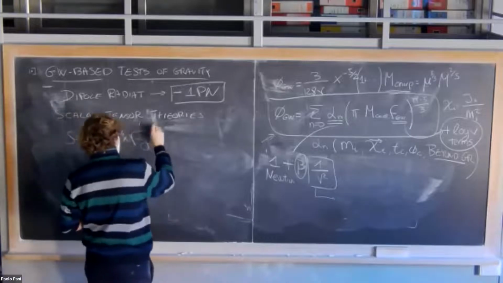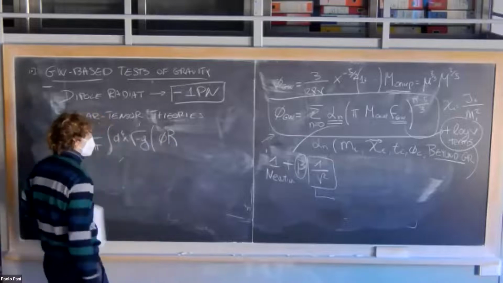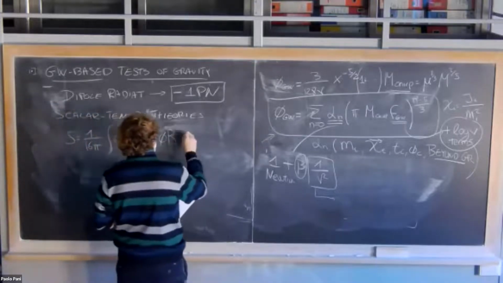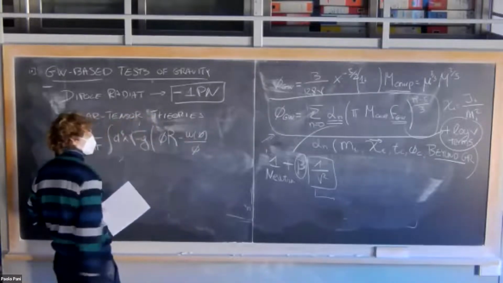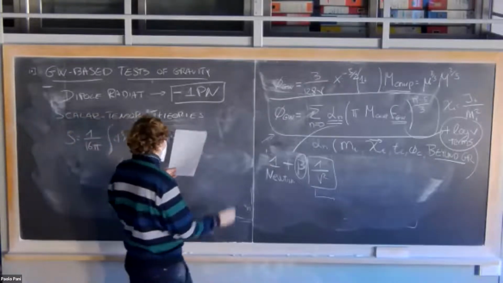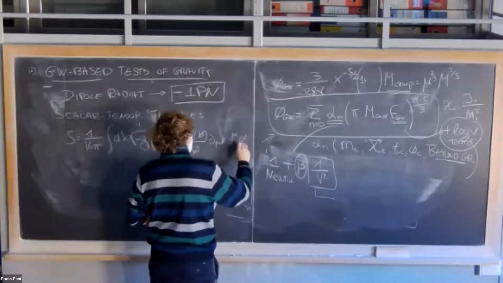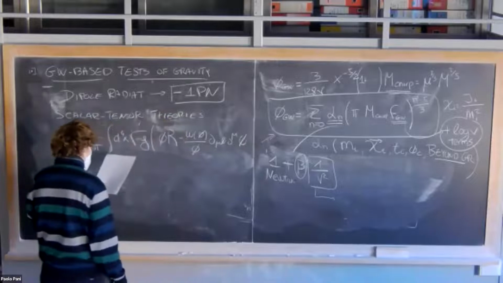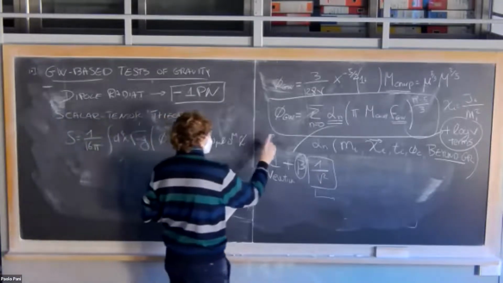It is the following. There is a scalar field phi coupled to the Ricci scalar. There are some kinetic couplings, parameterized by this function omega of phi, that multiply the kinetic term of the scalar field. And then there can be a potential.